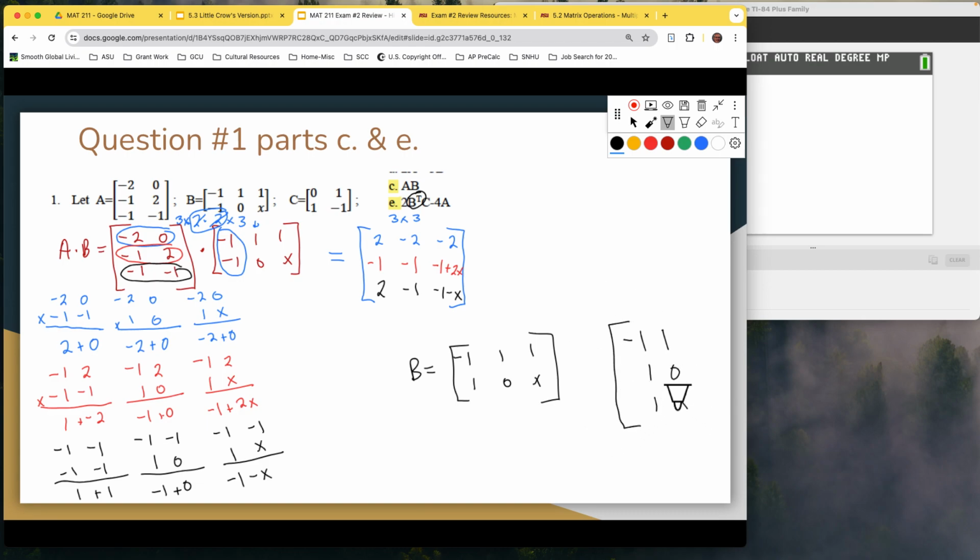So now we have a 3 by 2 instead of a 2 by 3. If I take the transform of this, B transform would be this. So transform just means change the rows and columns. You can test this out. The calculator has an option to do this, but again, it doesn't work with an x.